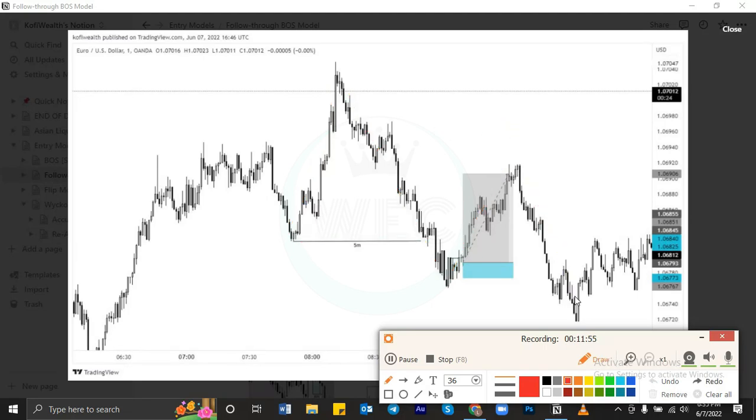But how do I capitalize on this upward move? Like I said, if you look in here, price was making what? Lower highs, lower lows, lower highs, lower lows, and this was the last low that created a high. We can see that after that lower high creating that lower low, there was no break of structure.